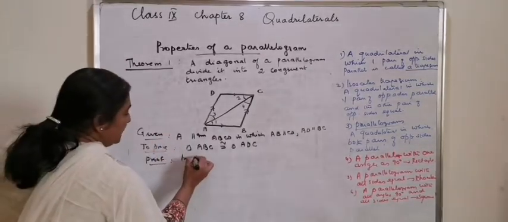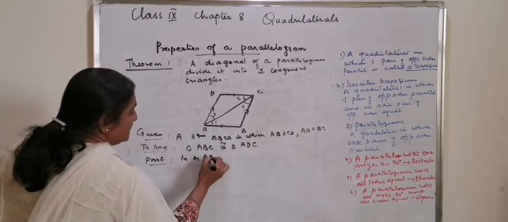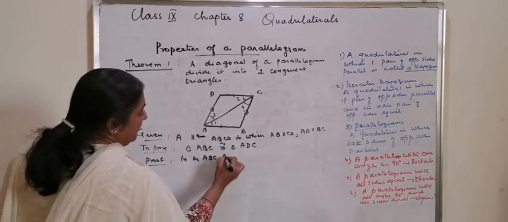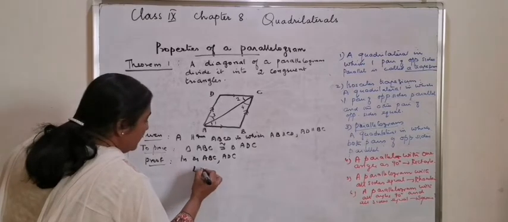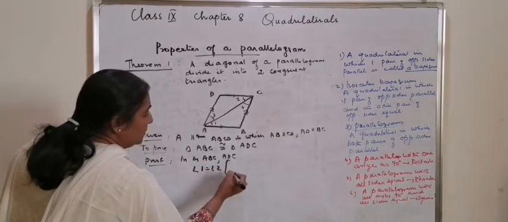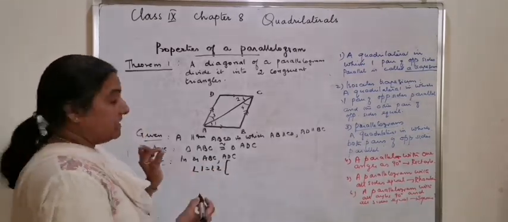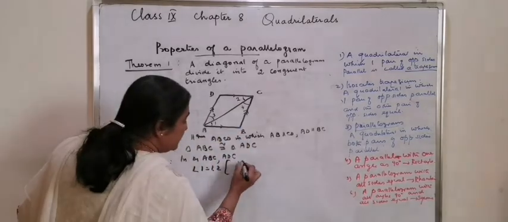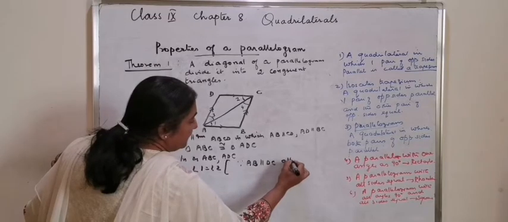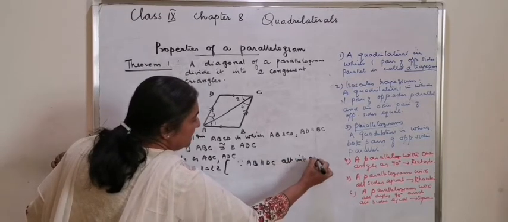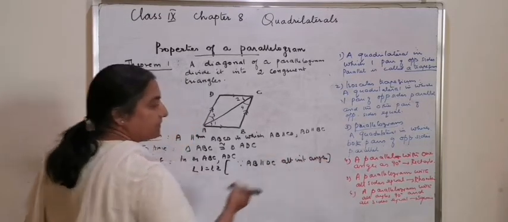Proof: In triangles ABC and ADC, angle 1 is equal to angle 2. We should specifically mention the parallel lines: since AB is parallel to DC, alternate interior angles.